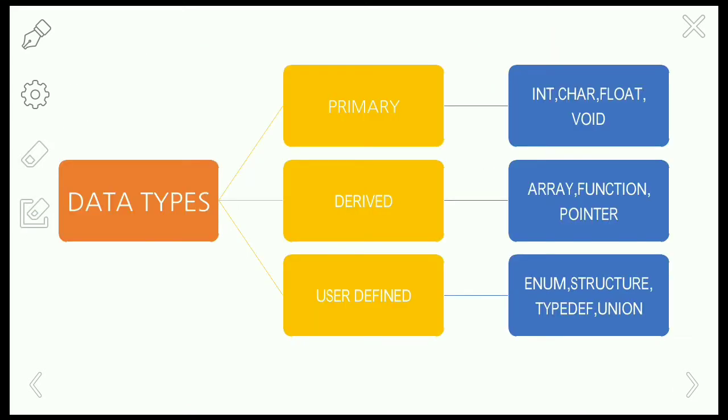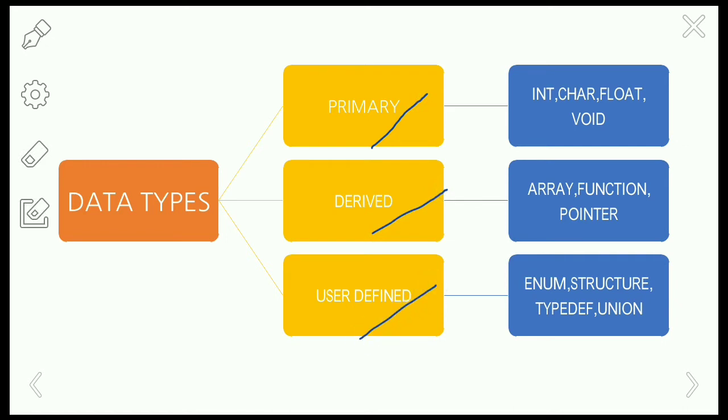Now let us see the different types of data types. Here the data types specify how we enter the data to our programs and what type of data we enter. C language has a predefined set of data types to handle the various kinds of data. There are 3 types of data types: primary data type, derived data type and user defined data types.